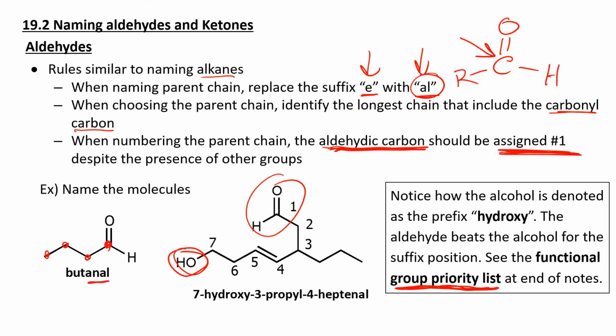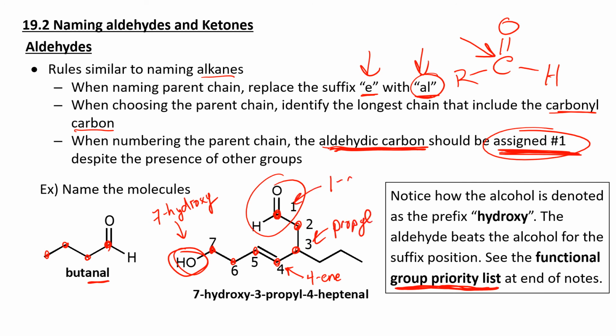And when we number this, the rule says that the aldehyde has to be number 1. So we're going to call it number 1, 2, 3, 4, 5, 6, 7. That gives us a 7-hydroxy, a 4-ene, a 3-propyl, and 1-al.